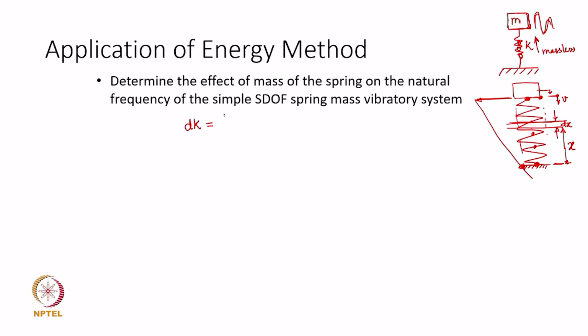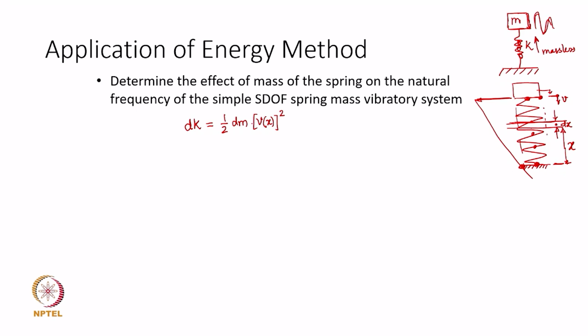It will be equal to half the mass of that element, dm, times the velocity at that particular point. So, if I call the v at that position x the velocity of that spring element dx, this becomes the elemental kinetic energy of this particular spring element. V at this position would be different than this V. V is the maximum value, or the instantaneous V at the tip, at the end, and that itself is the velocity of the mass.